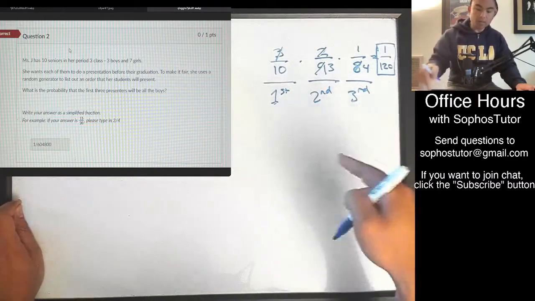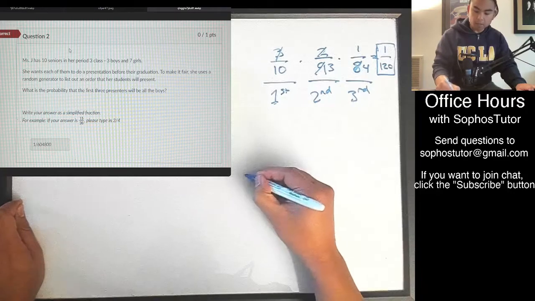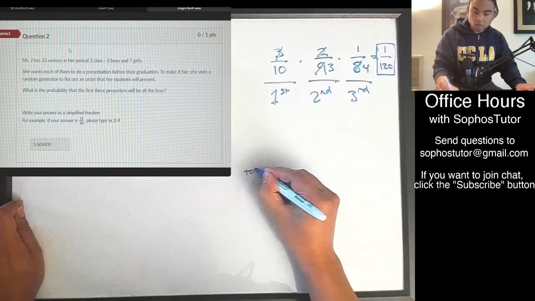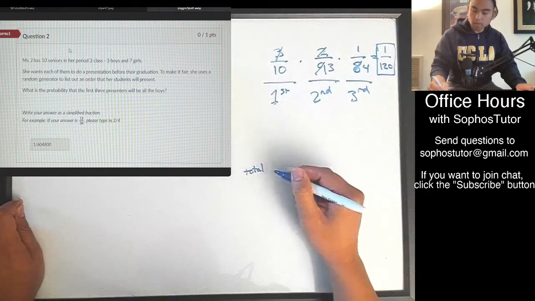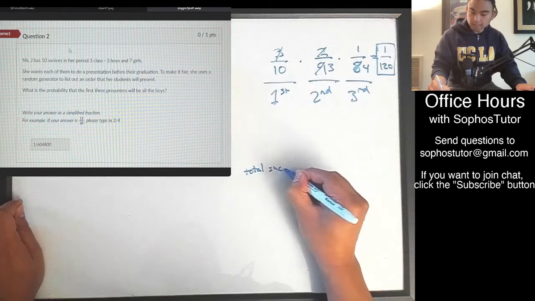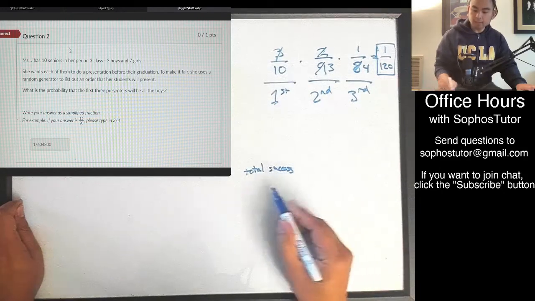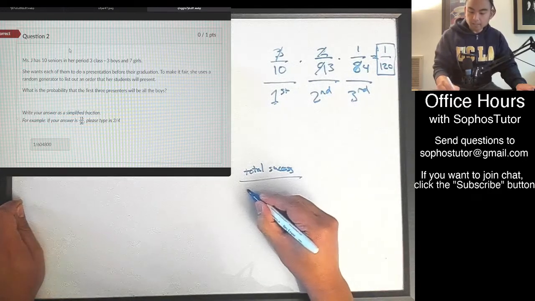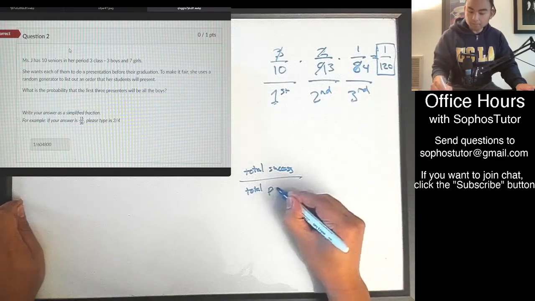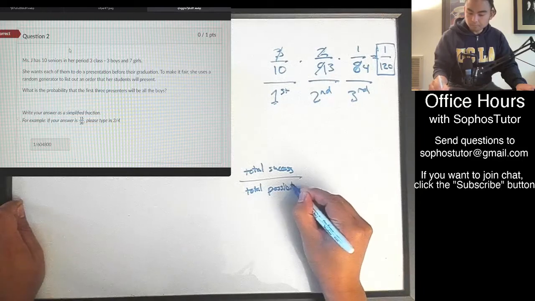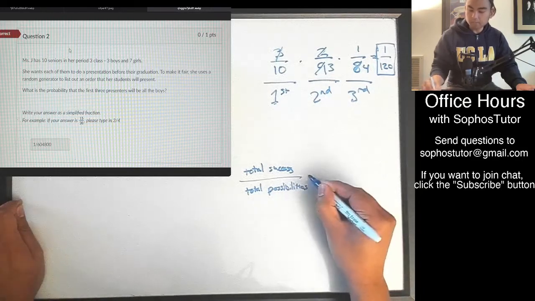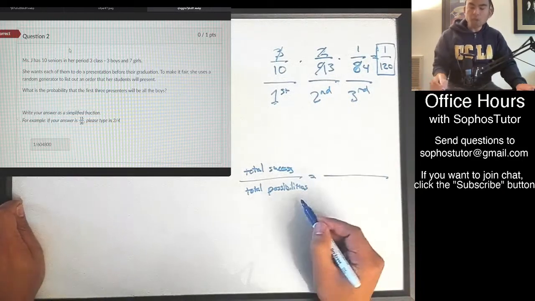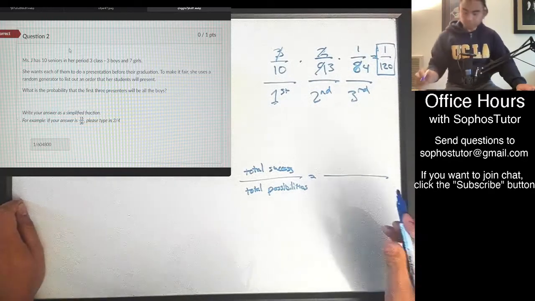We could think about this probability as the total number of possible successes, divided by the total possibilities. The total possibilities is easier to calculate.